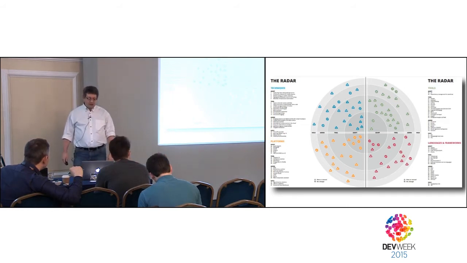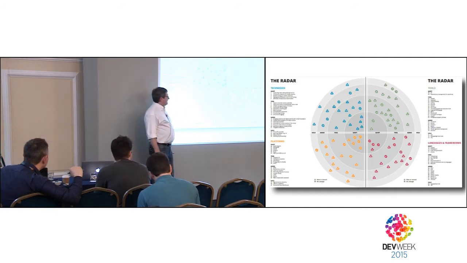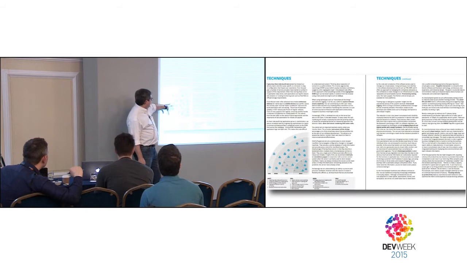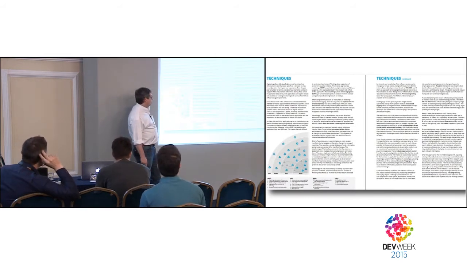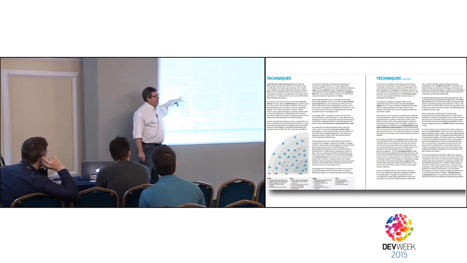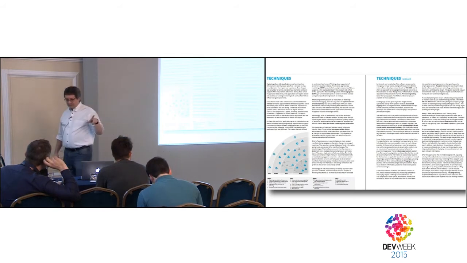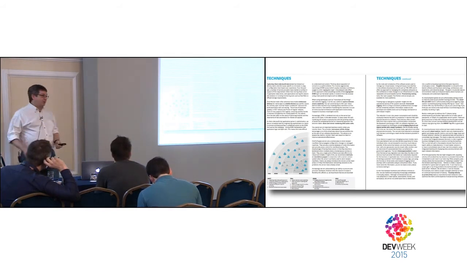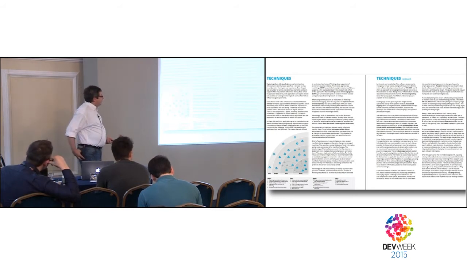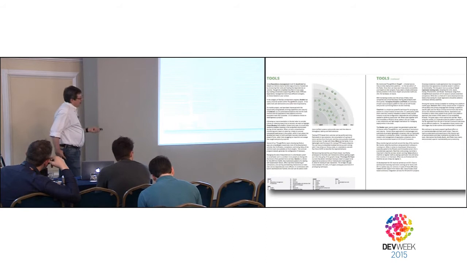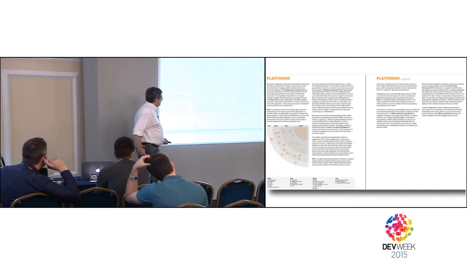The rest of this document takes each of these quadrants in turn and splits it out, adds some additional iconography, including some history and some other things like that, but more importantly provides a 2 or 3 sentence write-up about each one of these technologies: why it's here, why it's in the ring that it's in, are there other technologies related to this one that have similar characteristics, etc. And that's the remainder of this, about 10 pages usually, a couple of pages for each one of those quadrants.